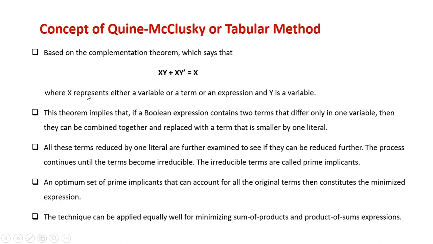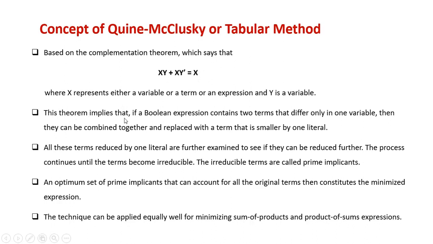Now this x can be a variable, a term or an expression, while y is a variable. If you take x common, the remaining will be y or y bar, and we know y or y bar is equivalent to 1. So the result will be x only.